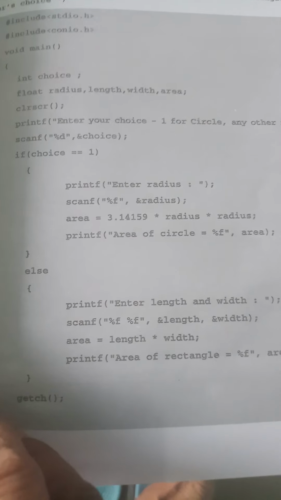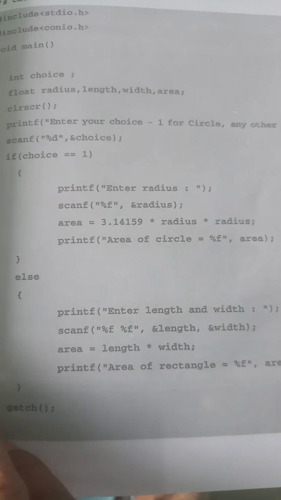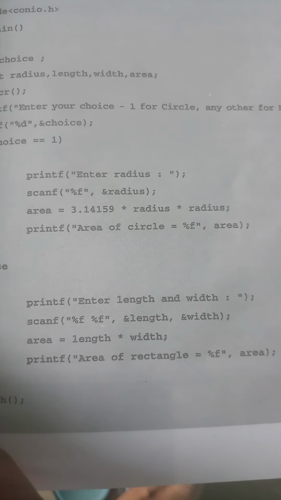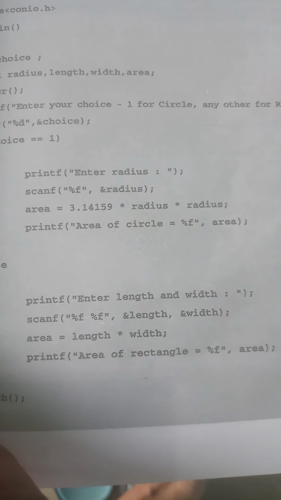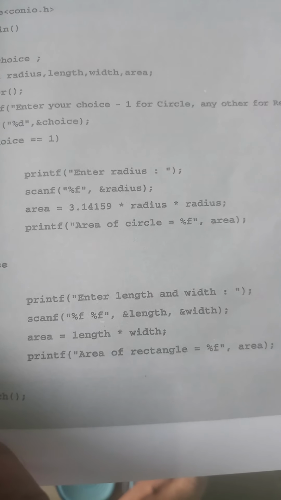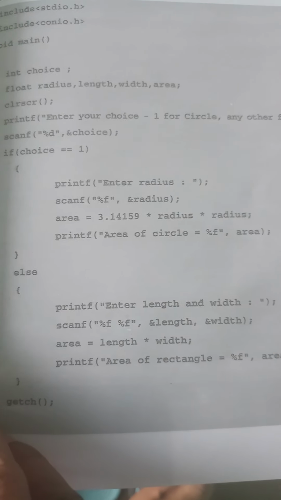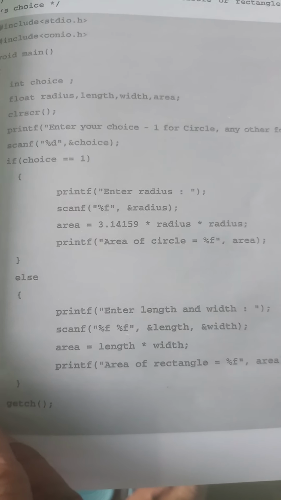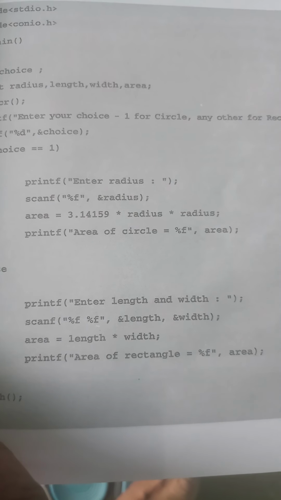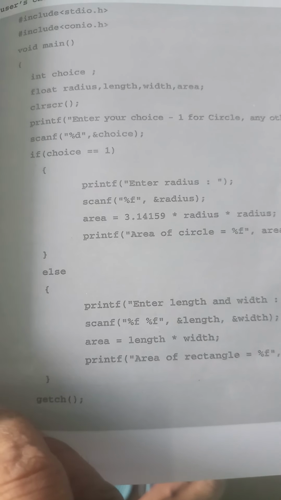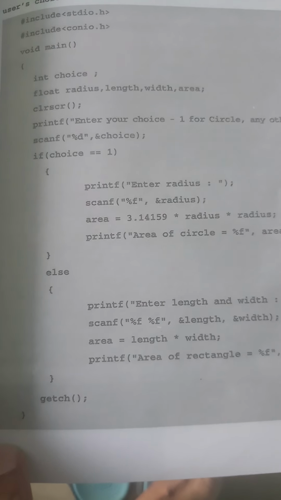Else printf enter length and width, scanf %f and length and width, area equal length into width. Printf area of rectangle equal %f, area. Getch.